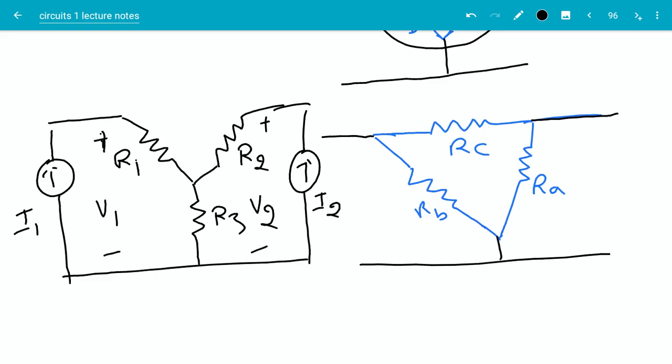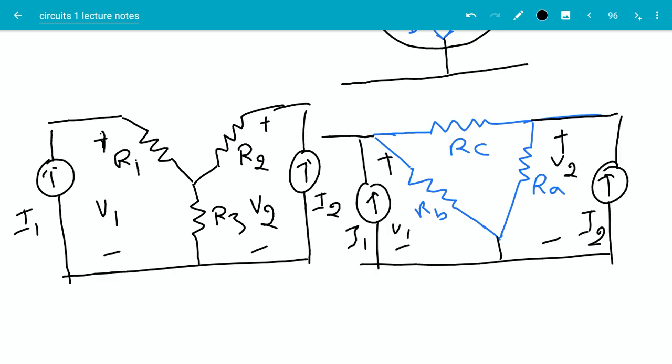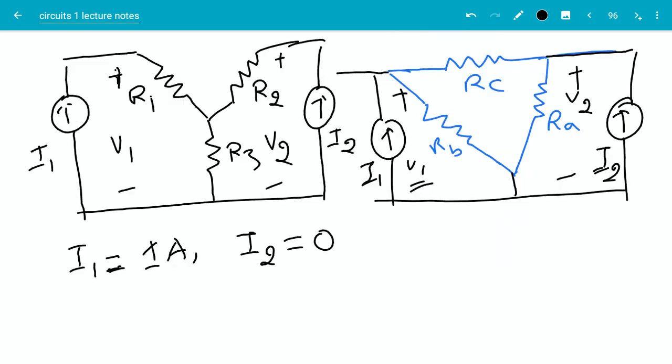Let's say we connect current sources I1 and I2 as shown on the left and measure the voltages V1 and V2 as shown. Then, if we connect the same current sources I1 and I2 on the right hand side and measure the voltages V1 and V2 on the right hand side, then these voltages should be the same as the voltages V1 and V2 on the left.